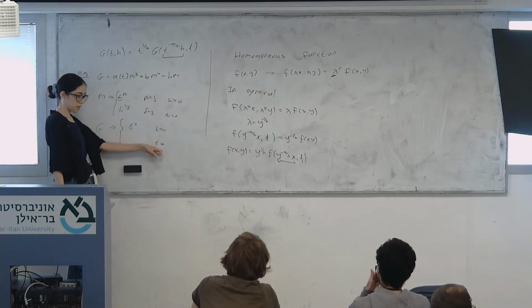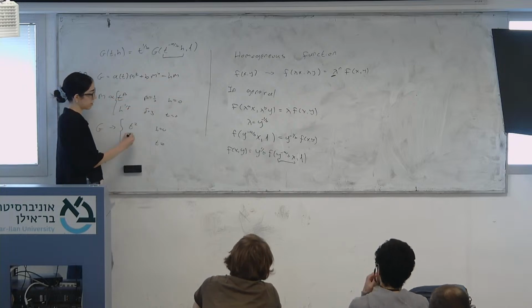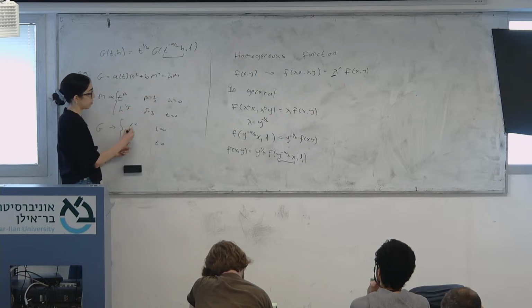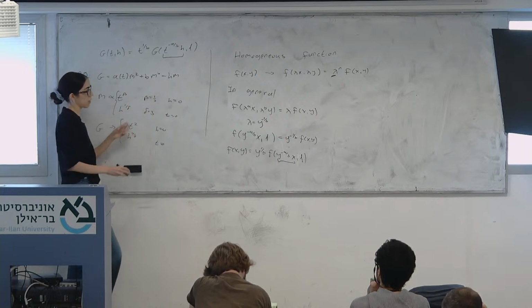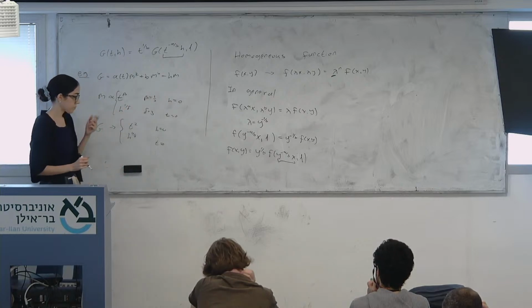And if we take T equals 0, so we look only at the dependence on the magnetic field, we get that the free energy goes like h to the power of 4 over 3, right? Because we have m to the power 4 and delta equals 3.